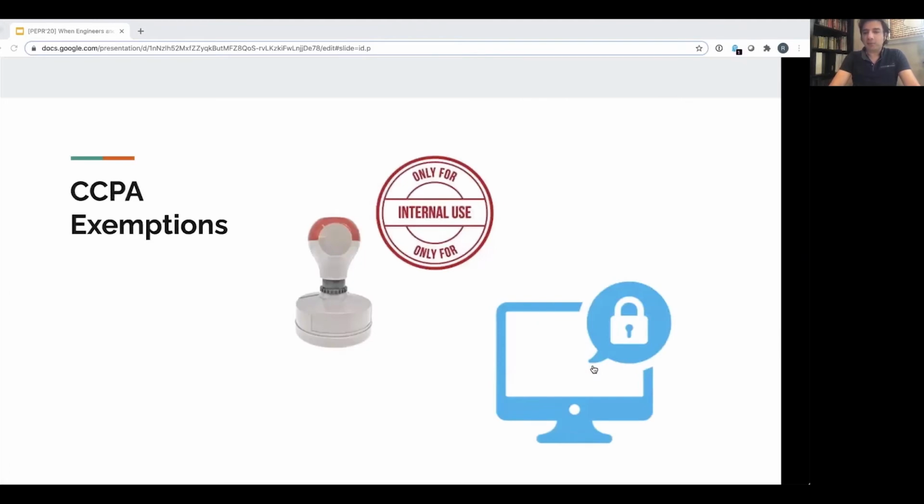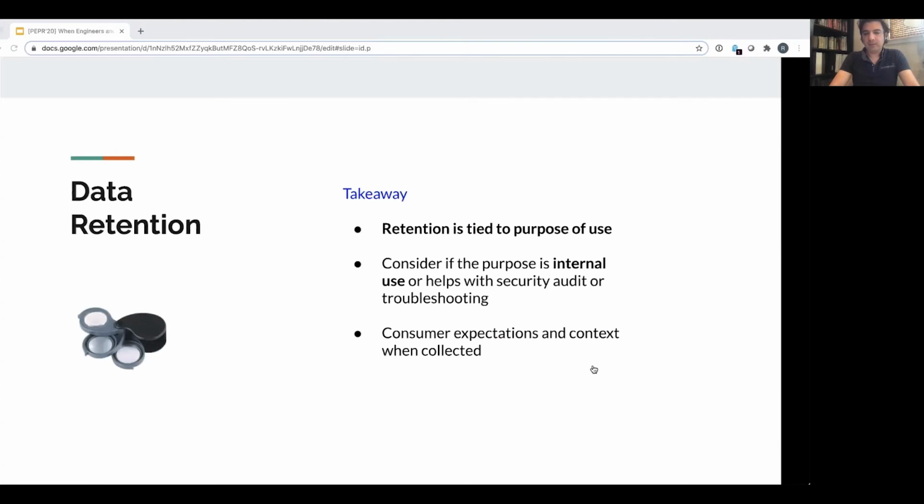CCPA has exemptions if the purpose is internal use, such as internal reporting on data derived from product usage, or security analytics on audit logs to prevent incidents. The takeaway here is we have to tie the retention of data to the underlying business purpose.